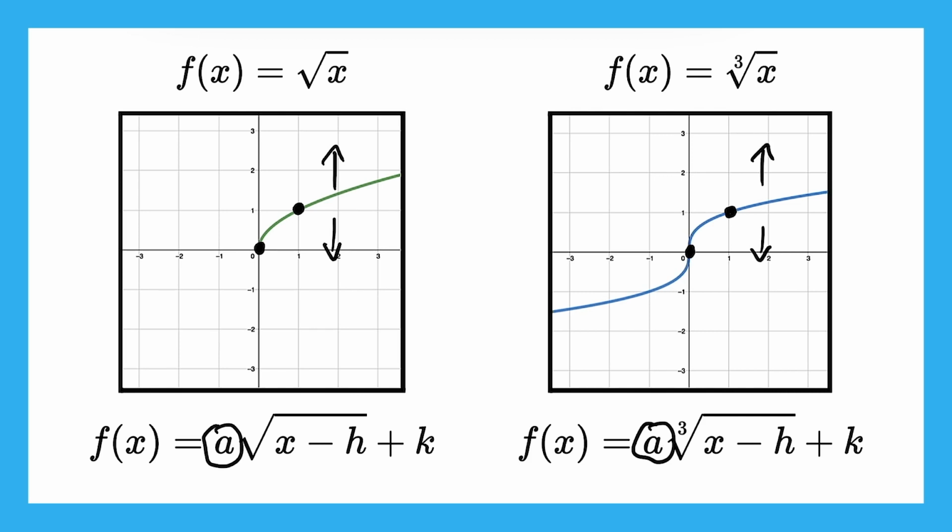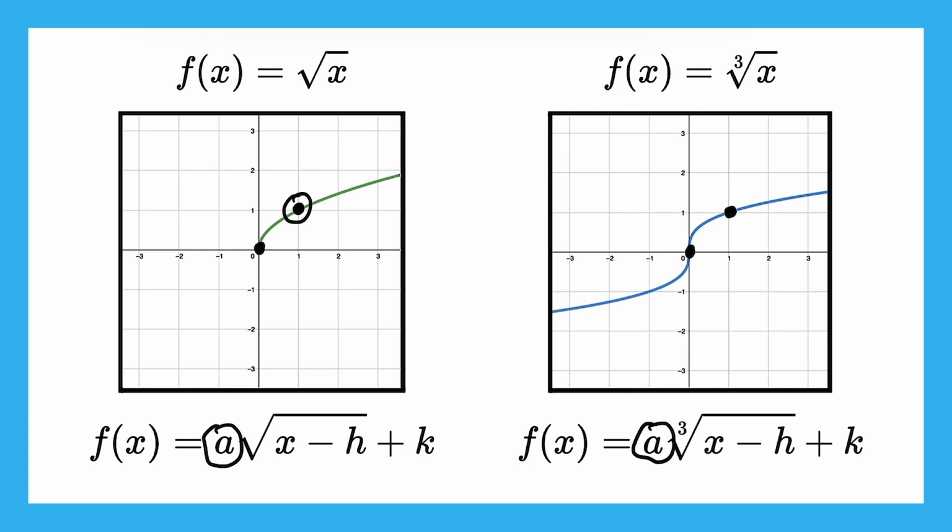Once again, that applies to each type of graph because all of these rules for transformation apply to both square roots and cube roots. So if a were 1/2, for example, this point right here would move to right there. If a were 2, that point would move right up here.